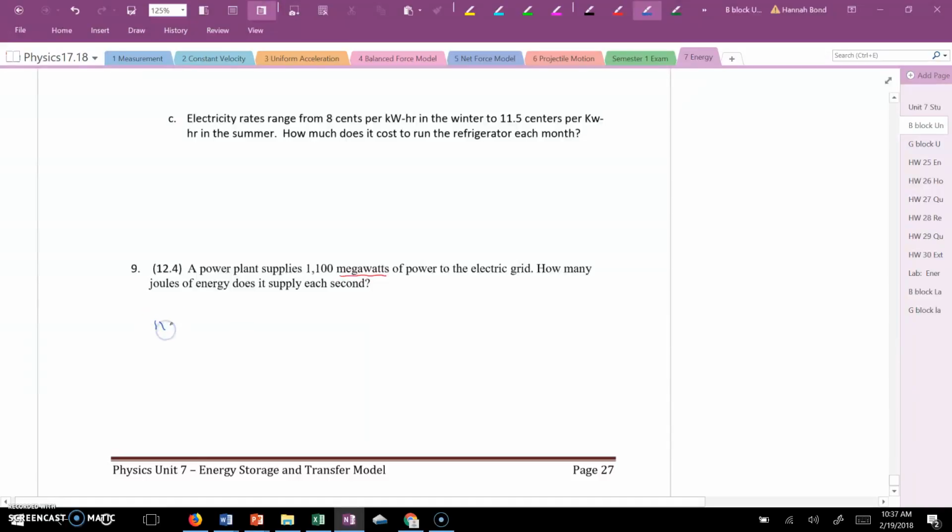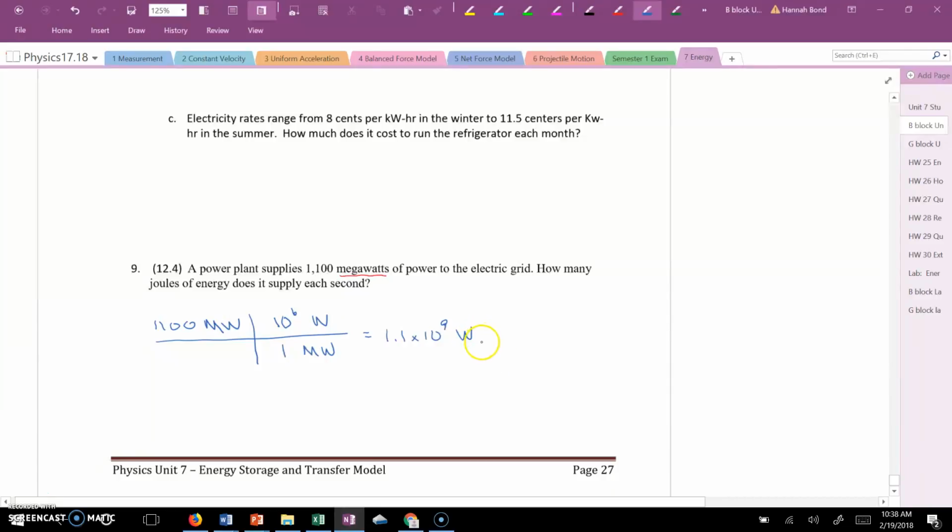Well, I know that 1,100 megawatts, maybe it'd be good to just go ahead and convert that to watts. Mega means multiply by 10 to the 6th. So 1 megawatt is 10 to the 6th watts. So this power plant is supplying 1.1 times 10 to the 9th watts.